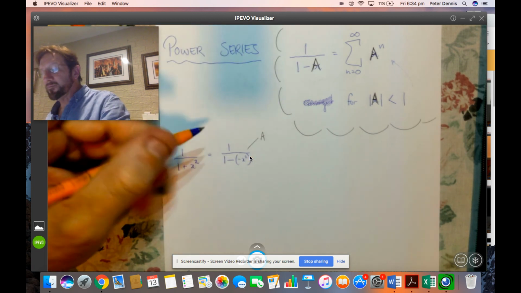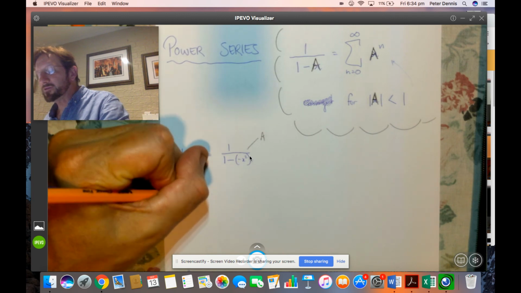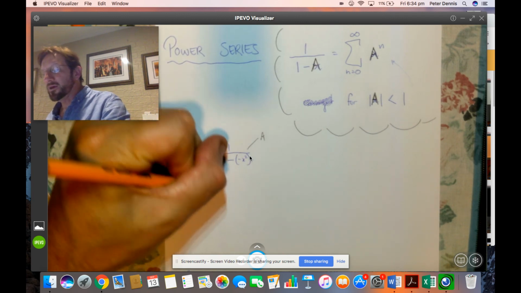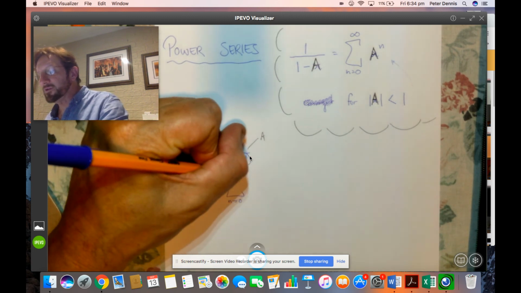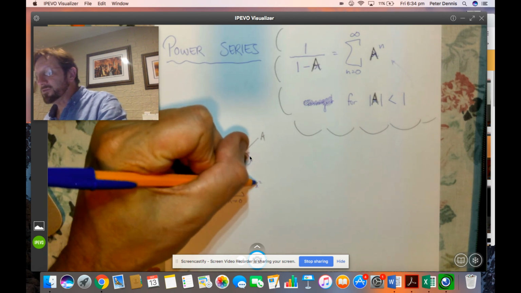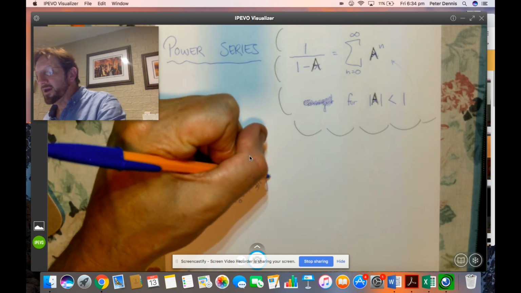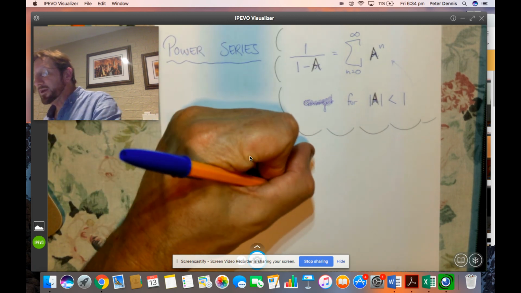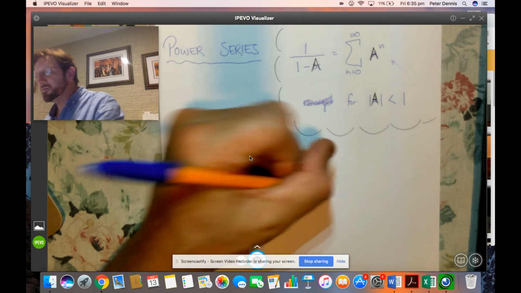So we know that 1 over 1 minus (minus x squared) equals the sum, as n equals 0 to infinity, of minus x squared to the power of n. And this only works for the absolute value of minus x squared less than 1.